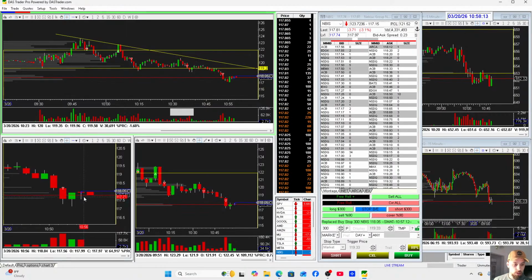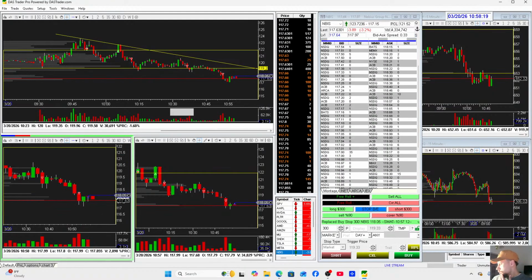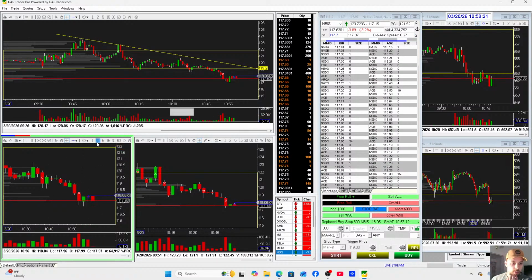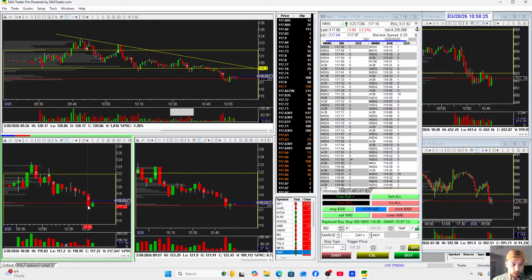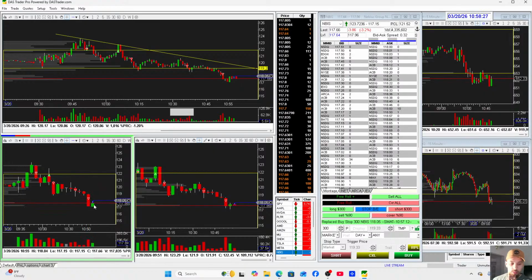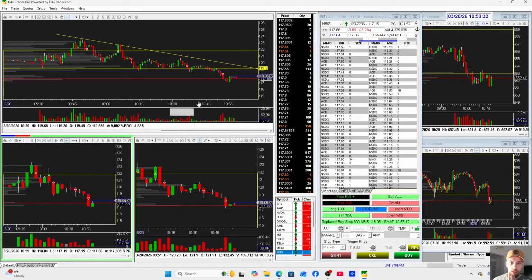Love to see a rejection here. What is this, the 2-minute? If we look at the 5-minute here, the 5-minute was a very nice red candle to the downside. Very nice candle.